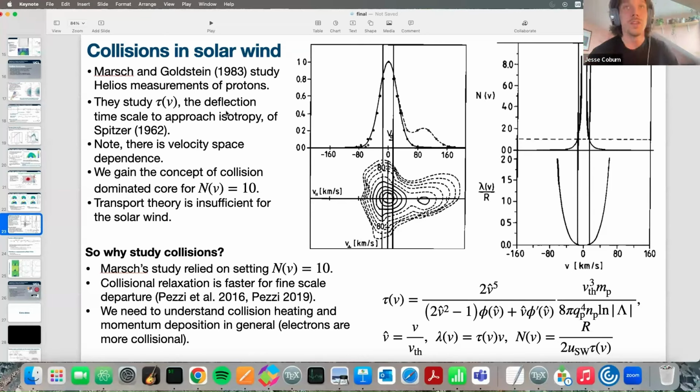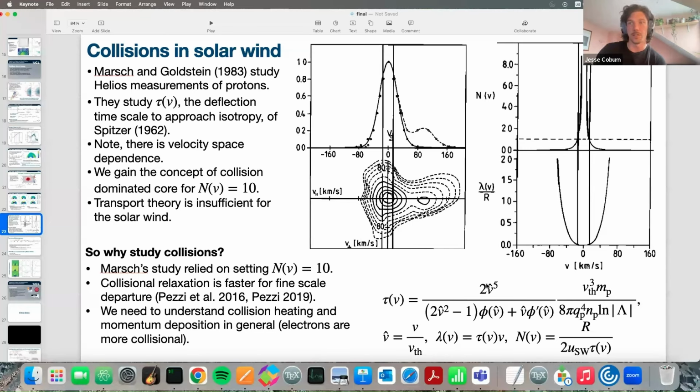Okay, and so this is the timescale at which you would expect the distribution function to isotropize if you have a Maxwellian and a delta function, both protons interacting. Now, there is velocity space dependence on this timescale. And so what I've done is I've written out the quantity here.